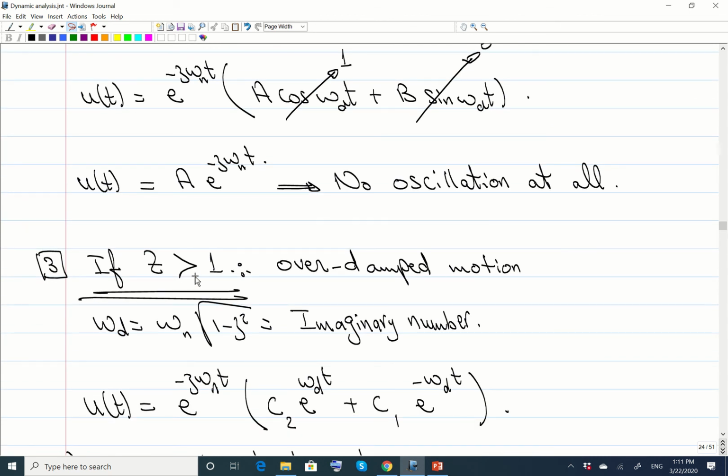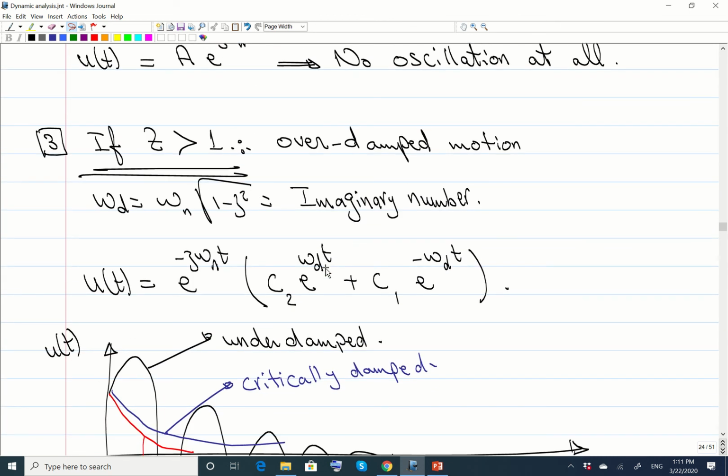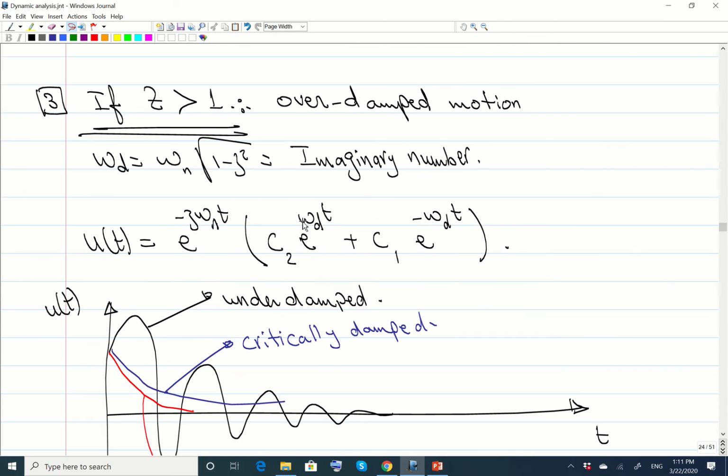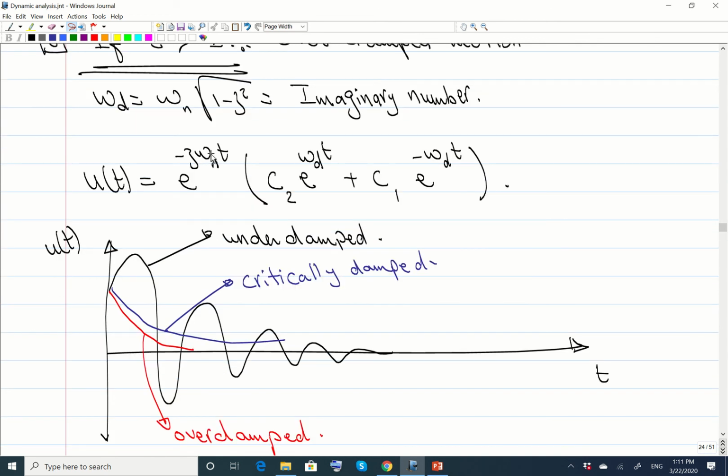What if zeta is larger than 1? We call this overdamped motion, and this omega d will be then, if zeta here is larger than 1, this term will be an imaginary number, and an imaginary number multiplied by an imaginary number over here is going to be a real number. So what does this mean? You're going to still have an exponential decay.